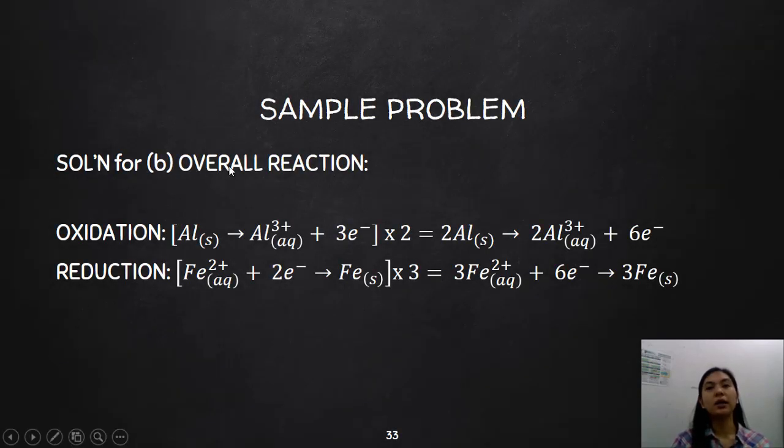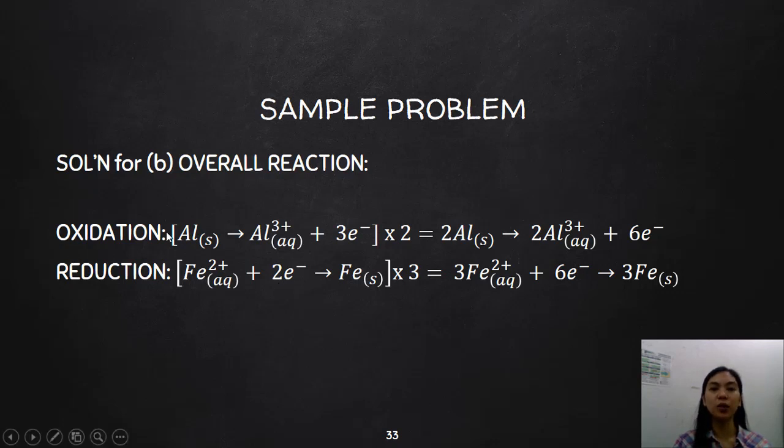Now, it was required that we write the overall reaction. Ngayon, if you take a look in the original, meron kang 3 electrons dito sa oxidation reaction, then you have 2 electrons on the reduction reaction. One thing that you have to remember is dapat po pareho yung number ng electrons for them to cancel out kasi dapat balance siya.